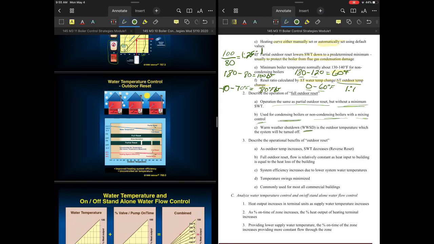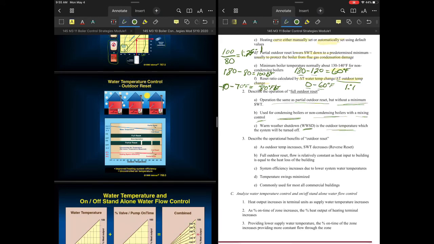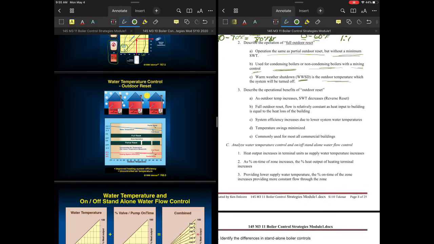That's your other applications. And then essentially the warm weather shutdown point is the key point in there. So you have to figure out what terminology that manufacturer uses. Most service techs are going to have to identify where that point is, and that's dependent on the manufacturer of the system.